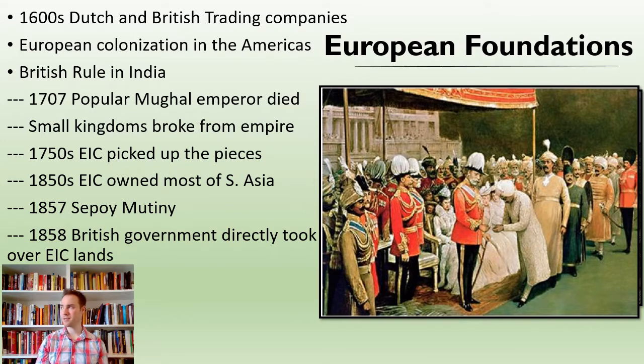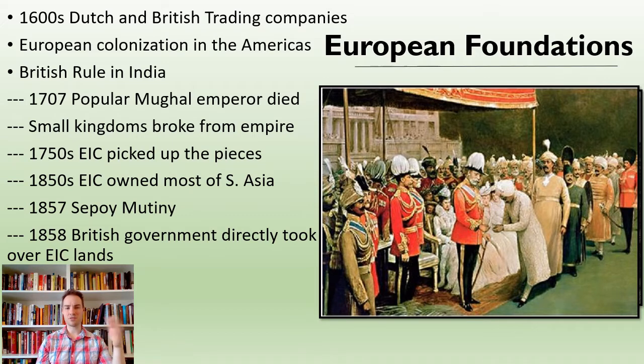When that happened, the British East India Company is in big trouble for a minute. So the British government steps in to directly aid them to put down the rebellion. And afterwards, the British government says, that's it. We can't have this sort of trading company, this economic unit out there acting like an independent country.